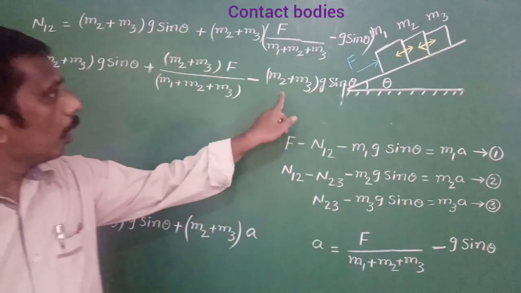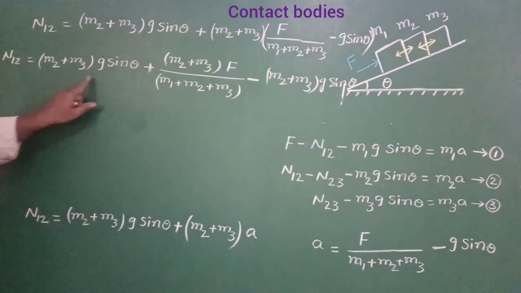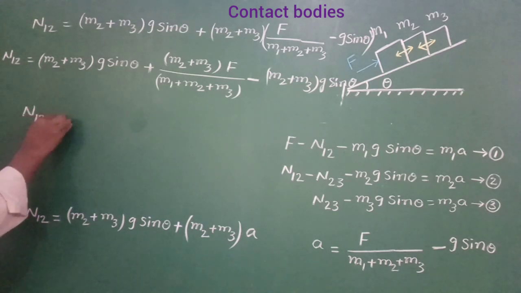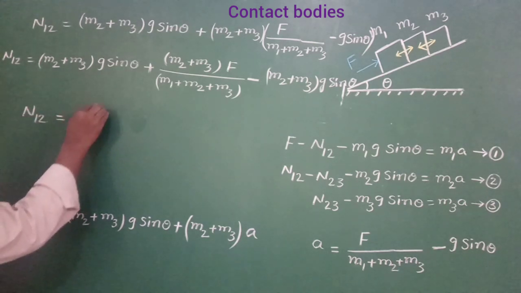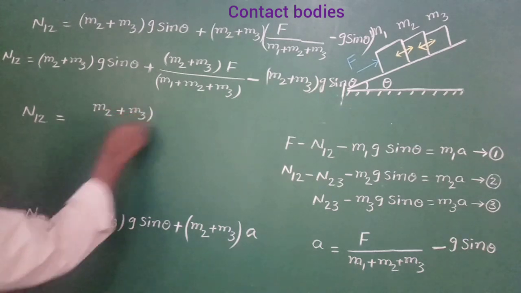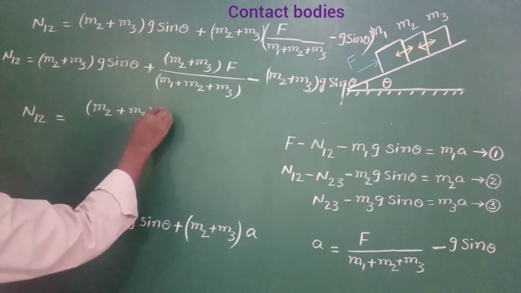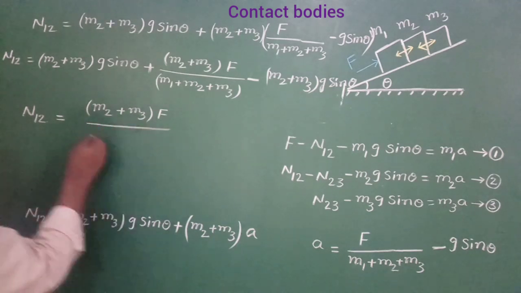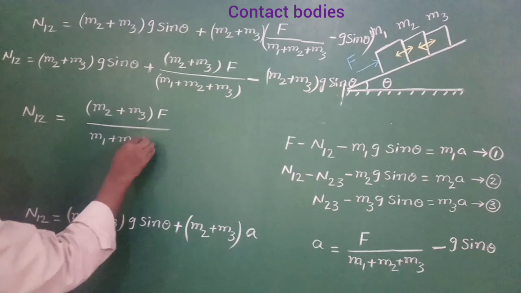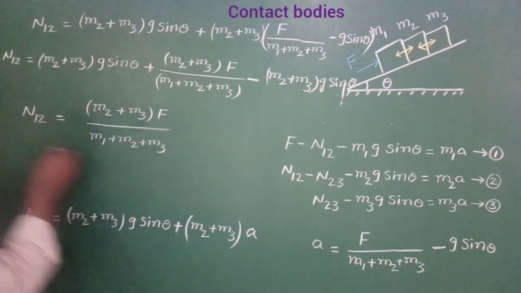Here, minus (m2 plus m3) g sin theta and plus (m2 plus m3) g sin theta get cancelled. Finally, we get the normal reaction between 1 and 2, N12, is equal to (m2 plus m3) into F by (m1 plus m2 plus m3).